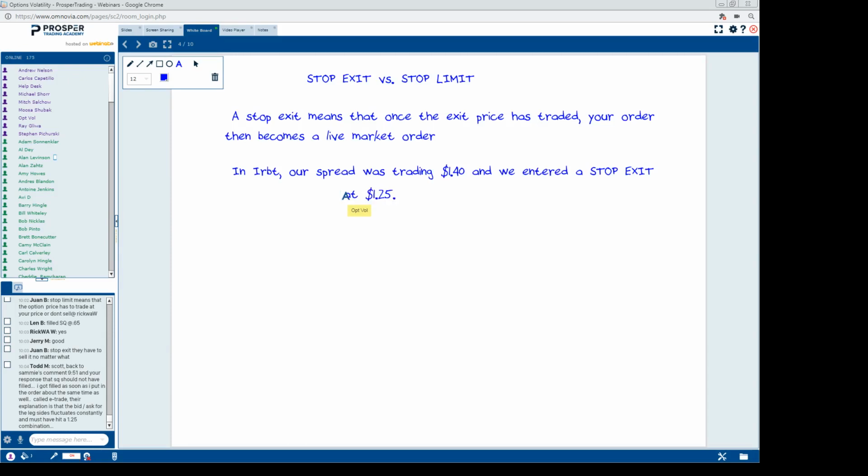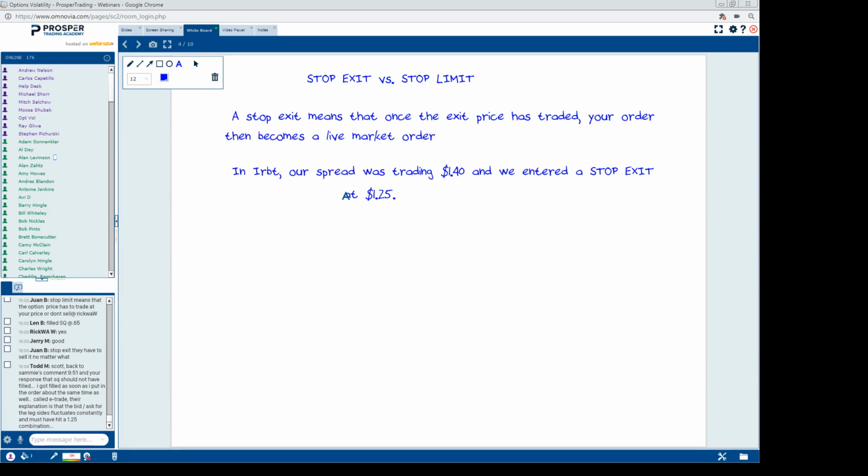Okay? So, it's not going to become a live order until that spread starts trading at that price of $1.25. So if it's trading $1.40, $1.50, $1.60, that order is just sitting out there in the background. It's not a live order. It automatically becomes a live market order once the spread price trades $1.25.